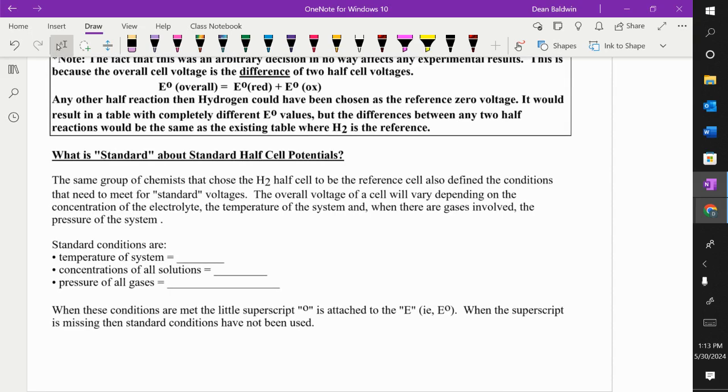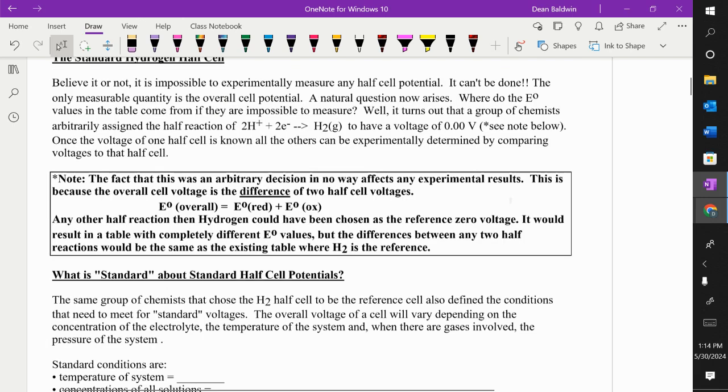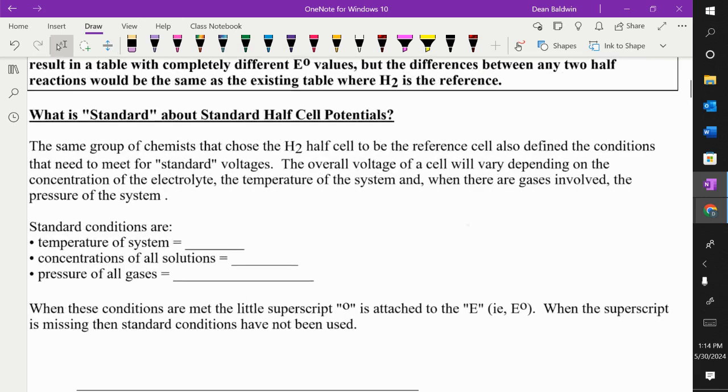So we call all these things standard half cell potentials. We choose the H2 to be the 0 point, and everything's based off of that, positive and negative below it. So the voltage will vary depending not on the number of electrons, like we just talked about up here in the half reaction, but on things you can control.